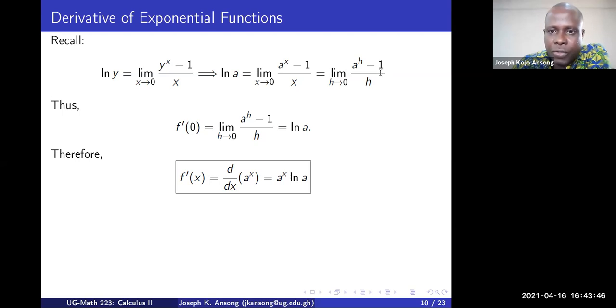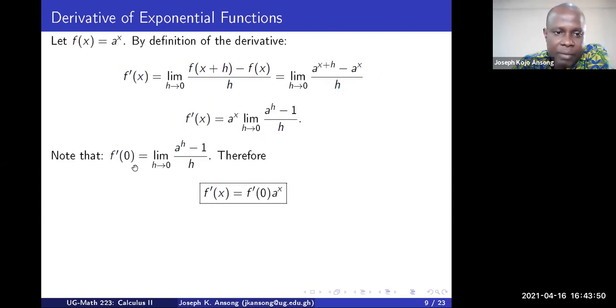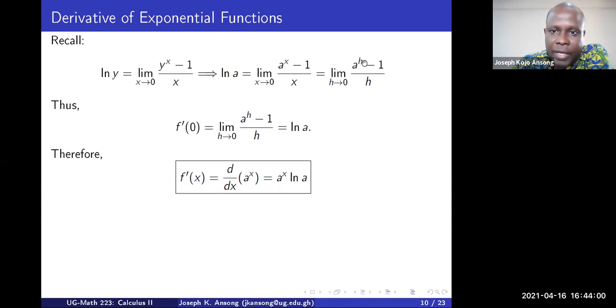But if you go back, remember, f prime at 0 is this. And we just showed that this is actually ln of a. We've just shown that ln a is that expression there, which implies that f prime at 0 is ln a.